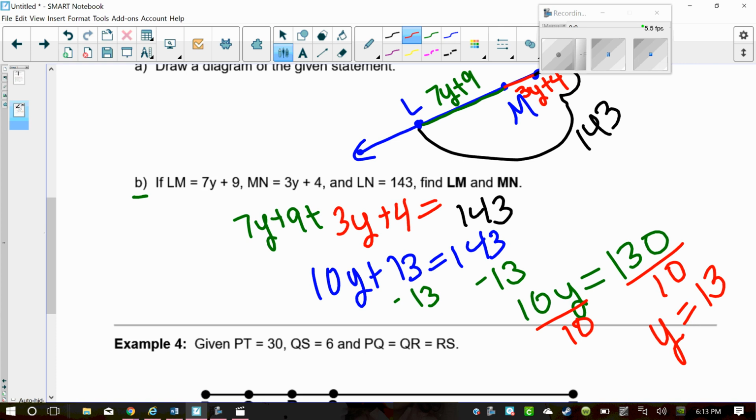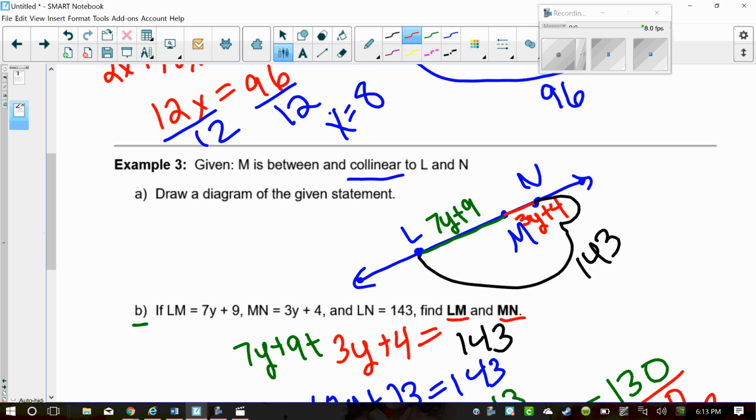And let's go back and find out if this is what they're asking us. Find LM and MN. So they're not really asking us what y is, but we had to figure that out in order to find out what LM is, right? L to M is my green one. I think we said y is 13, right?